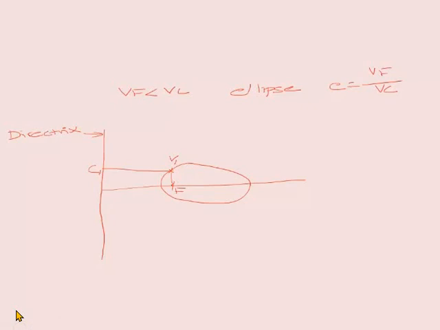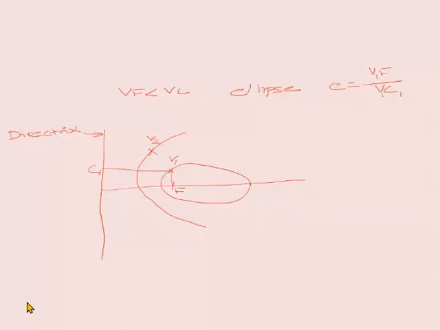Okay, for the same focus, I want to draw a parabola, something like this, and I'm going to take some other point. I already told you the focus is common for all the curves. So this is V1 and C1, and the focus is common for all the points. Now for the parabola, let's take the point V2.